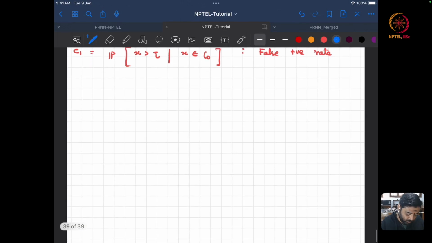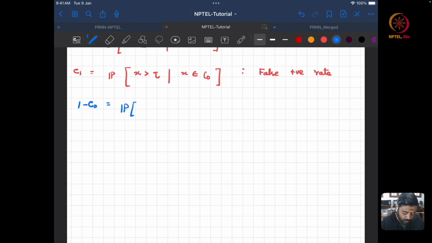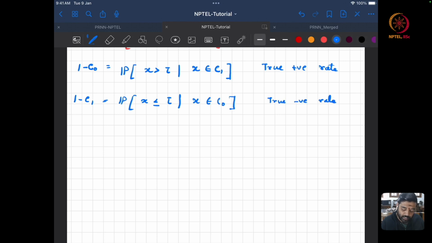Now I can have 1 minus E0, which is the probability that X is greater than tau given X belongs to C1. This is the true positive rate. And similarly, I can have 1 minus E1, which is the probability that X is less than or equal to tau, given X belongs to C0. This is the true negative rate.